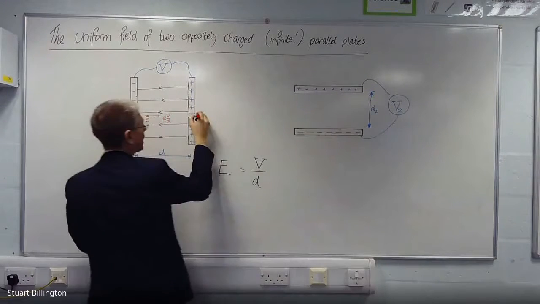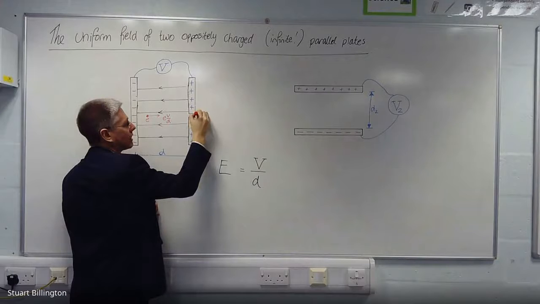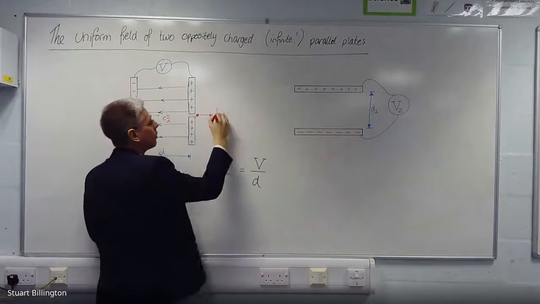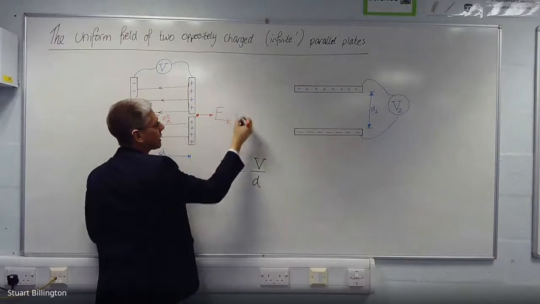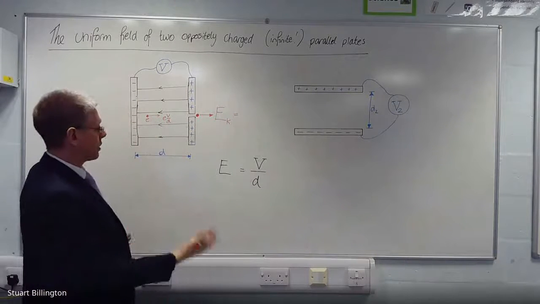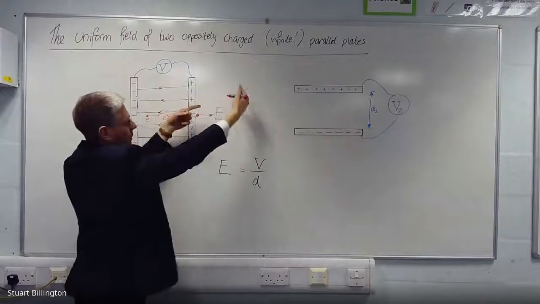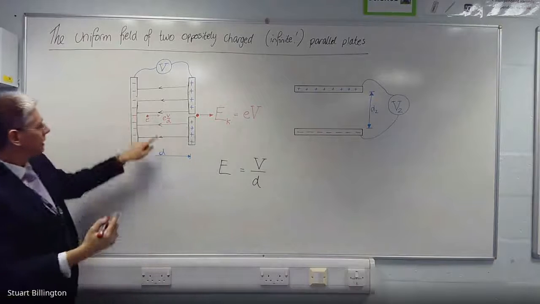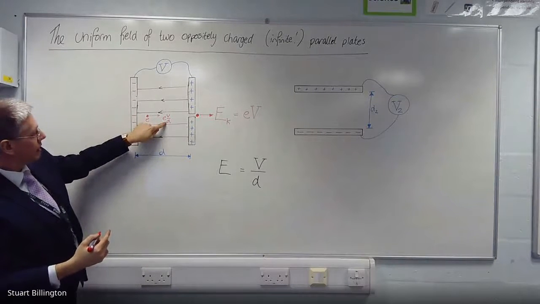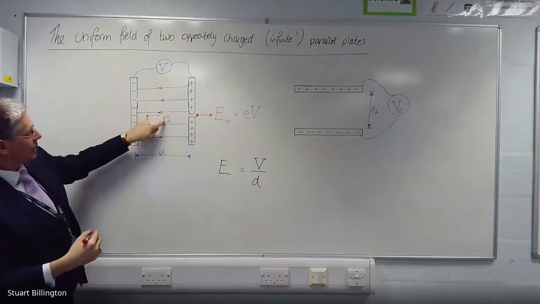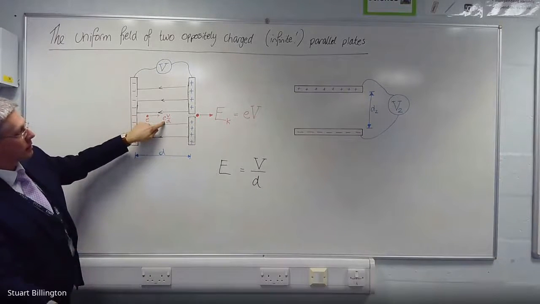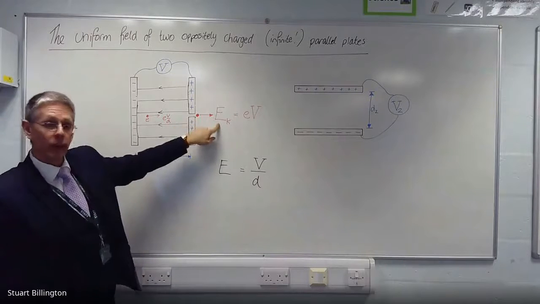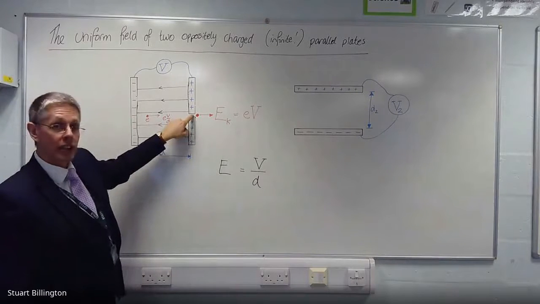And by the time the electron reaches this plate here, it will be zipping along with a kinetic energy that's equal to the energy it just gained, which is this formula backwards, and we come back to E times V. So if you multiply by D, it'll just be E times V, force times distance. So this electron is about to escape with a kinetic energy if it passes through the tiny little gap.